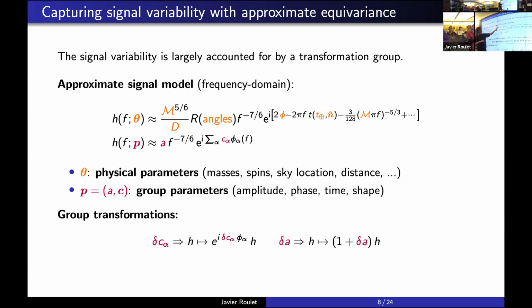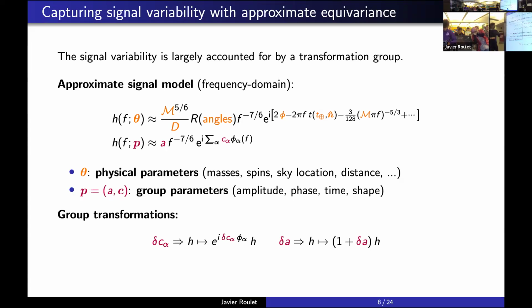And this structure can be simplified a lot if you just group all this into some amplitude and all these coefficients. They have the form of some coefficients that encode the values of the parameters and some phase functions that are fixed.